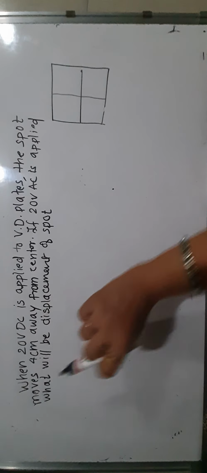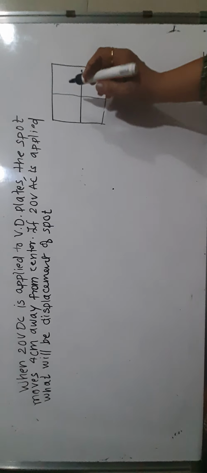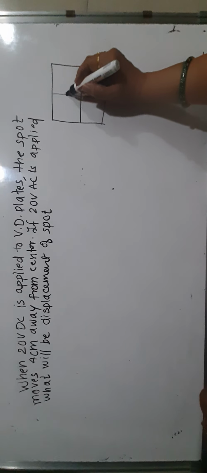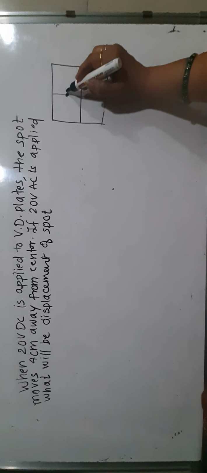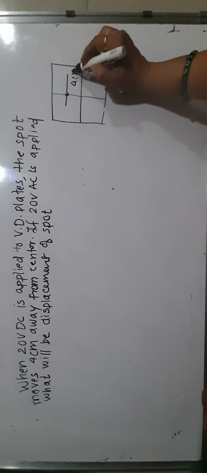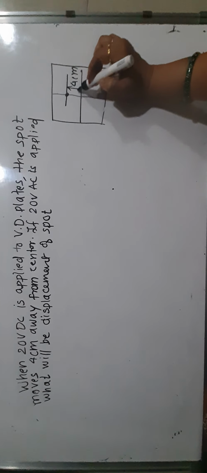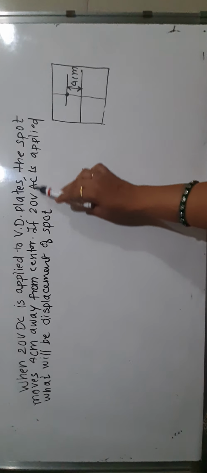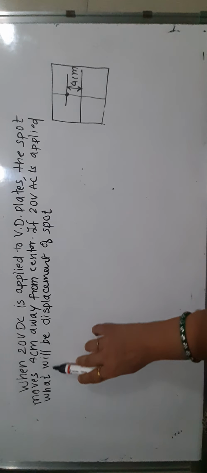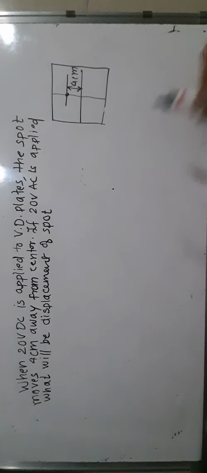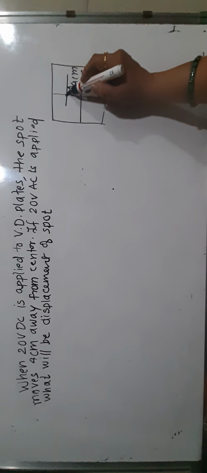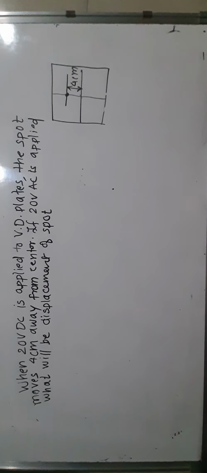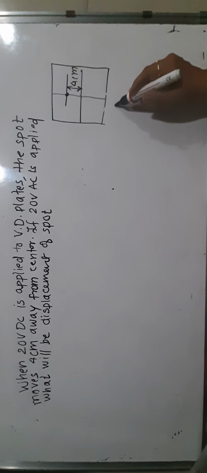Now if 20 volt DC is applied, the spot moves 4 cm away from the center. If 20 volt AC is applied, what will be the displacement of the spot? Now instead of DC, if AC is applied, what will be the displacement of the spot?